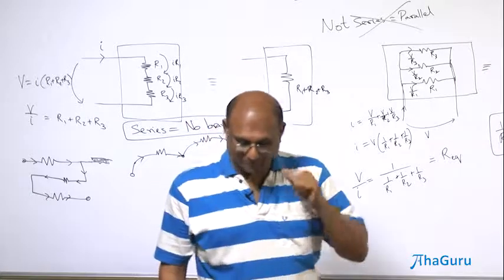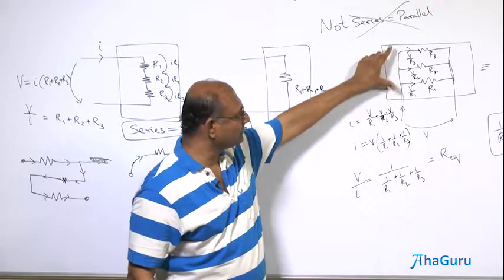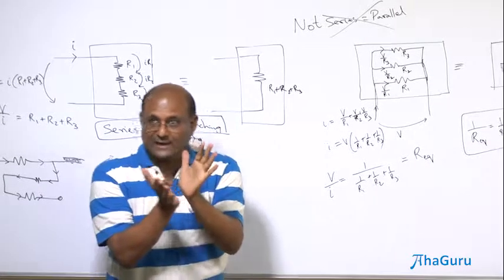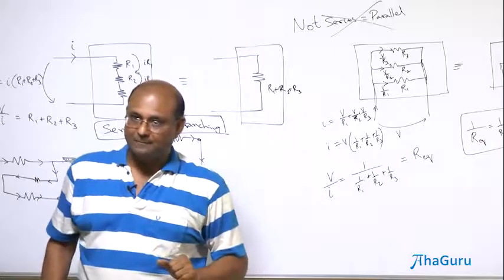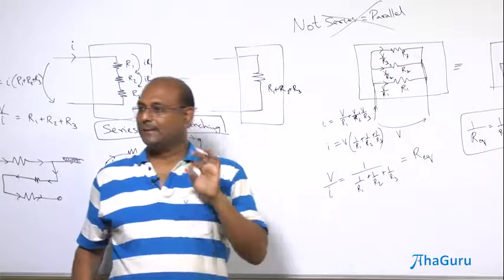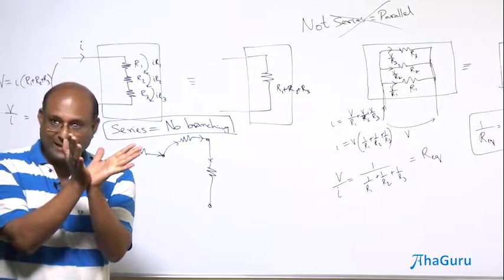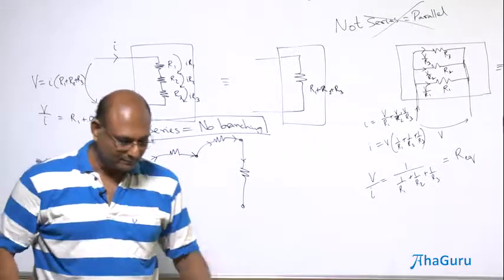So then what is the definition of parallel? Let us see. Okay. Parallel, look at these fellows. All of these start at the same potential. They all end together at the same potential. So what is parallel? Start together, which means they are all branching.